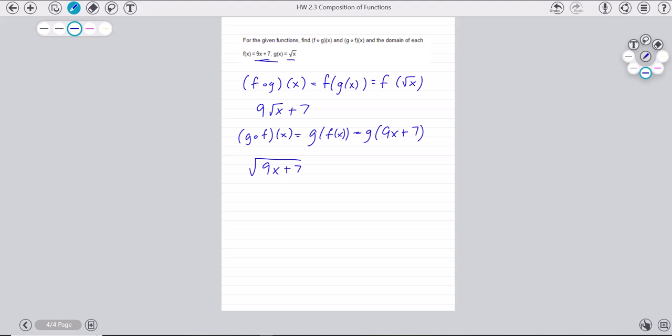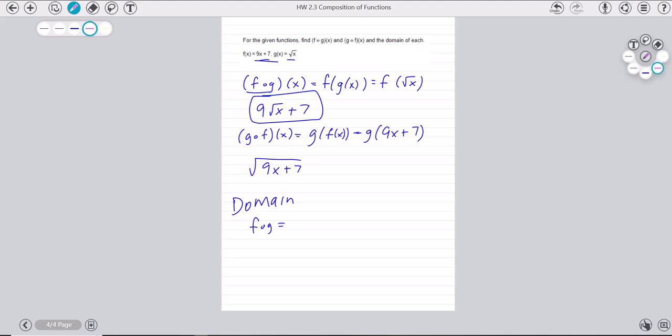Now it's asking me what is the domain of f of g, which is this one. So what you look at is what would bother this function, and what I mean is, what are the good x values? Well, remember, you can't take the square root of a negative number.